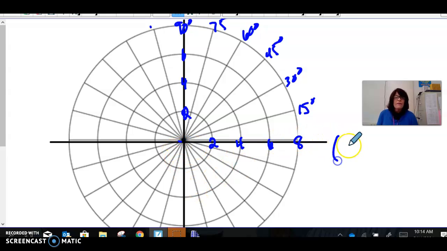So if I want to graph the point 5, 53.13 degrees, then I will first go 53.13 degrees. Let's see, 45, somewhere around here. Okay, there's my angle, but I'm only supposed to go a distance of 5 on that angle.